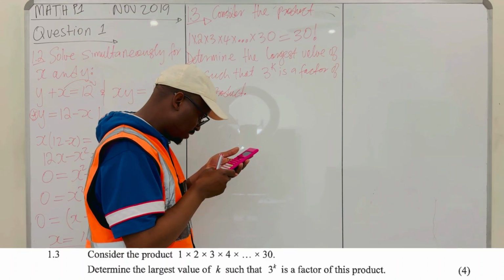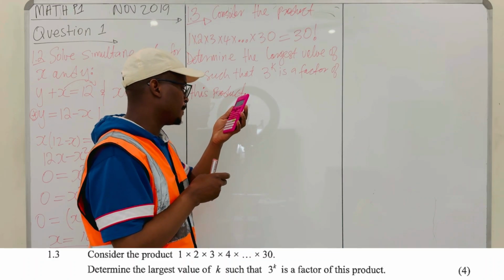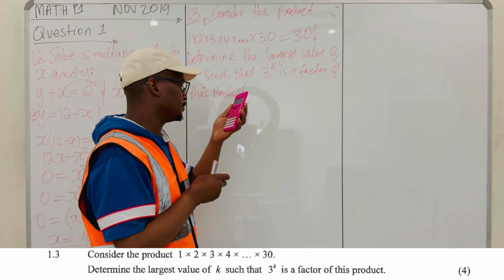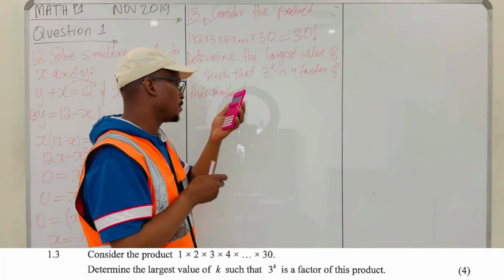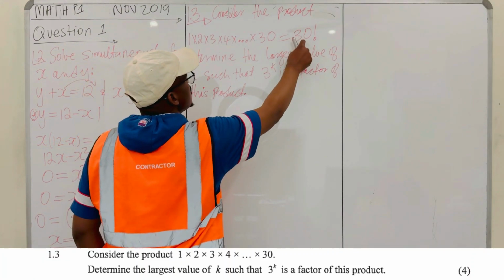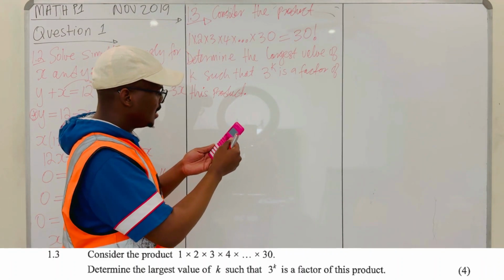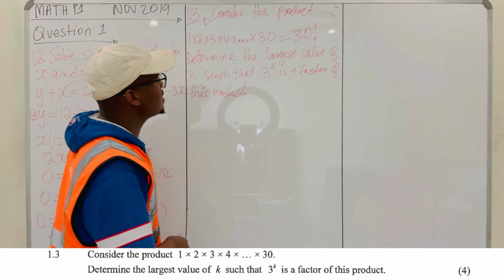It doesn't seem like I can find it. I don't know how to punch a factorial in this thing. Okay, so your factorial will be the answer to this. If you punch that in your calculator, that you know how to use, it will give you the answer to 30 factorial, right?